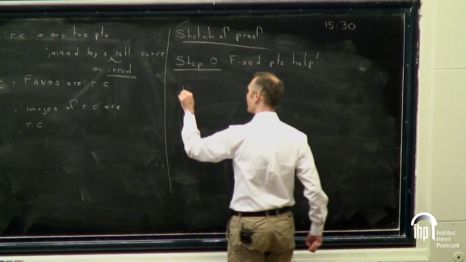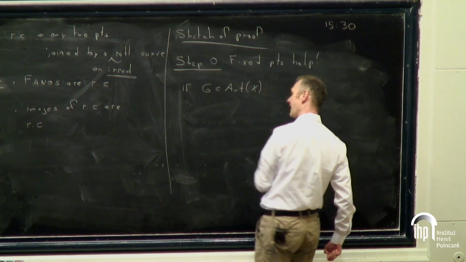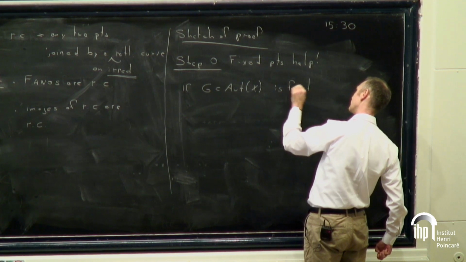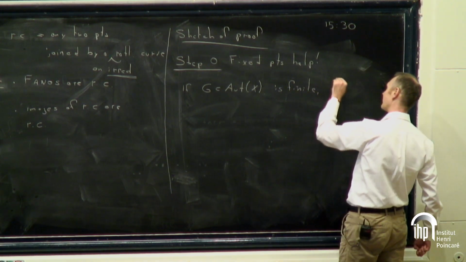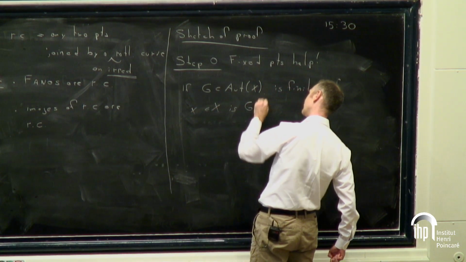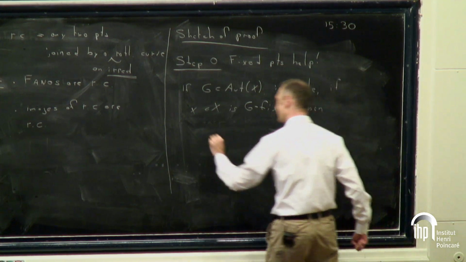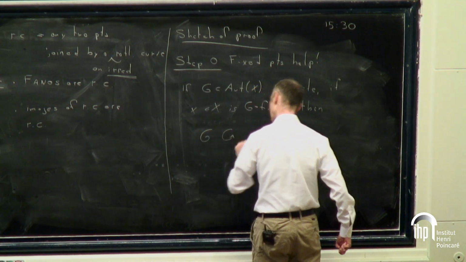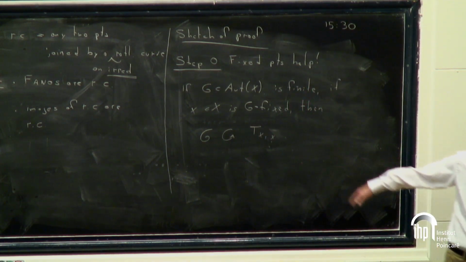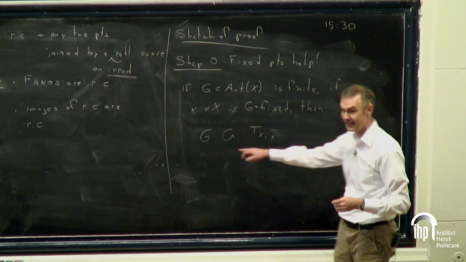Namely, if G in the automorphism group of X, now honest automorphisms, is finite, and if x in X is G-fixed, then G acts on the tangent space, or on the Zariski tangent space if the fixed point is a singular point. And that action here is not just any action, it's actually faithful.